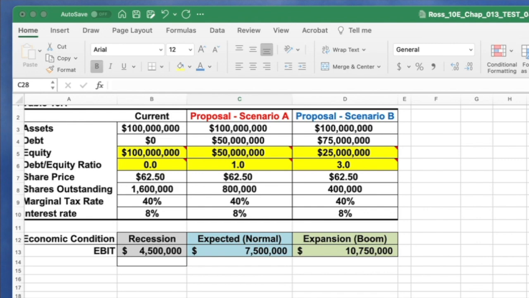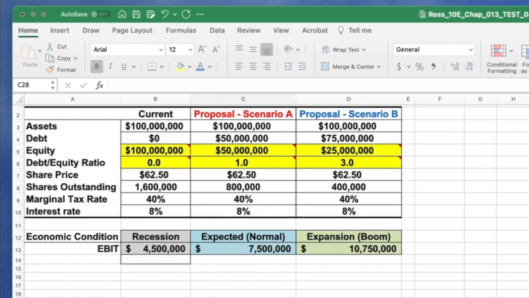And we're going to look at a situation where we're not taking into account taxes. So we're going to compare what are earnings per share for the firm if we have total assets of $100 million and we have EBIT of $7.5 million.